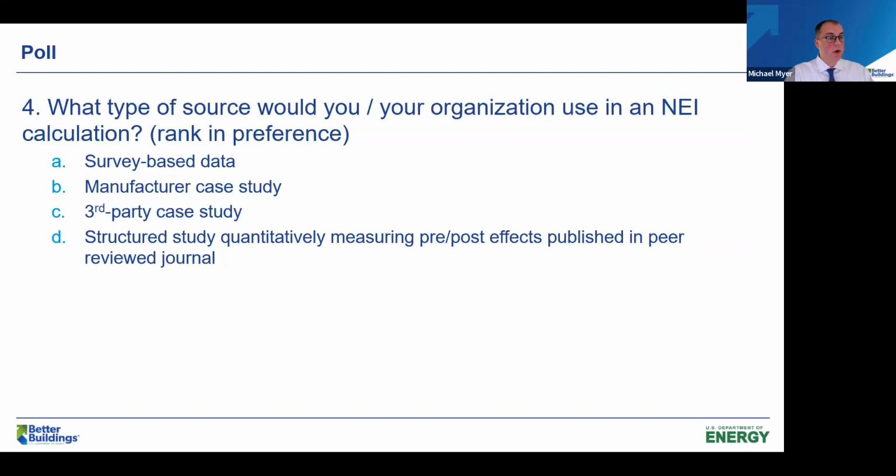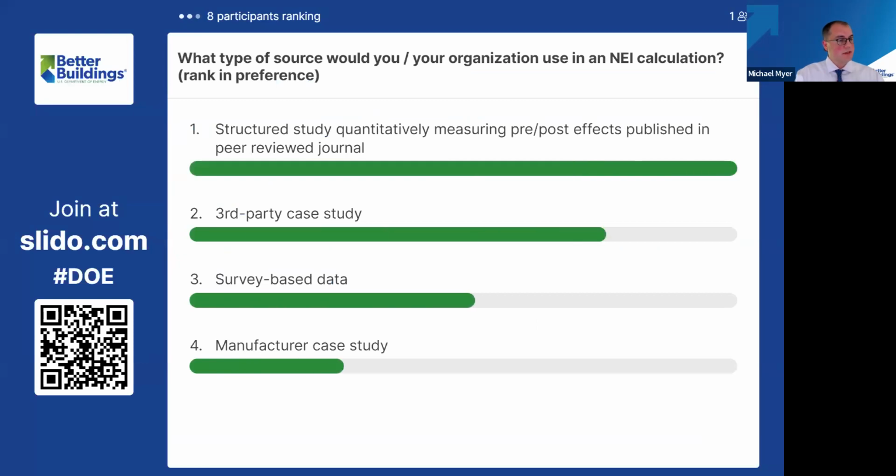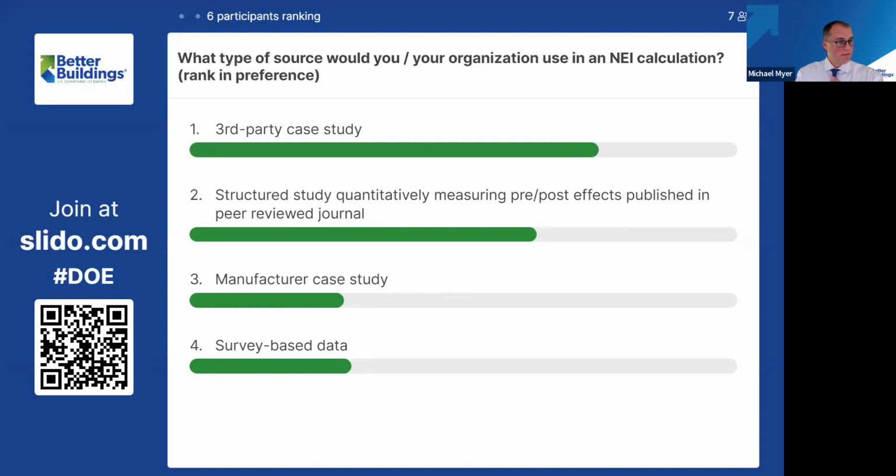So we're now asking a poll. We're trying to understand, and again, this is for us to improve the methodology and help us get rid of certain data inputs. As we're reviewing NEI data inputs, what is your preferred rank of whether it be a survey-based approach, maybe a manufacturer case study, maybe a third-party case study, or do you prefer it to be a structured journal article that looked at qualitative methodology where they do a pre and a post, they measure everything.